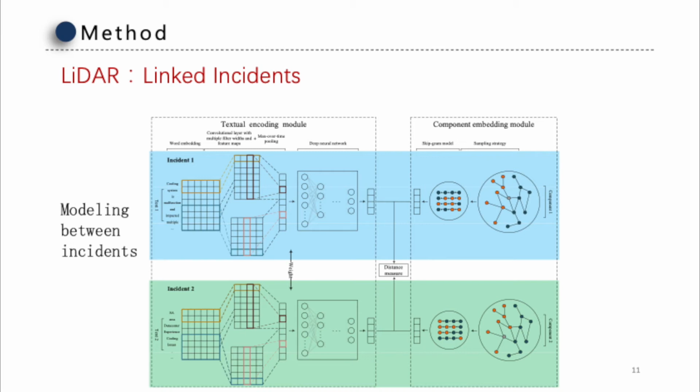Each component in the system is learned to be embedded into a low-dimensional latent space according to its correlation with other components according to the historical links. Finally, after calculating similarities from these two distinct modules, we integrate them together to obtain the final score and set a threshold for link identification.